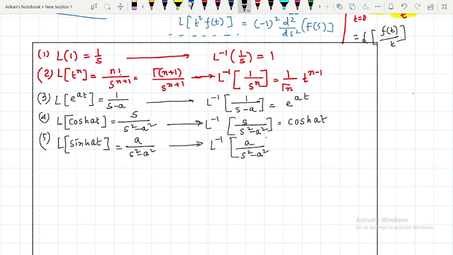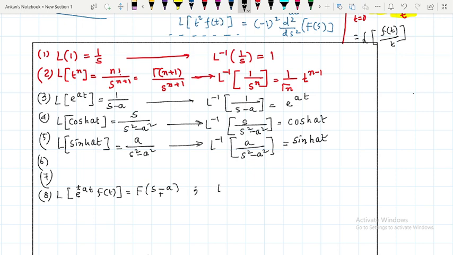So you can easily check that once you find out the Laplace transform of a function, the inverse is nothing. Similarly it will be sine and cosine. You have written that from the first shifting theorem, Laplace transformation of e^(±at) f(t) gets out F(s), for plus it is s minus a, for minus it is s plus a.